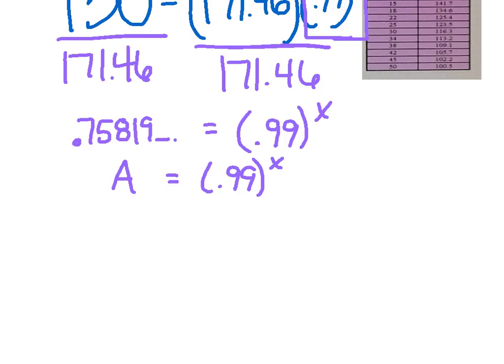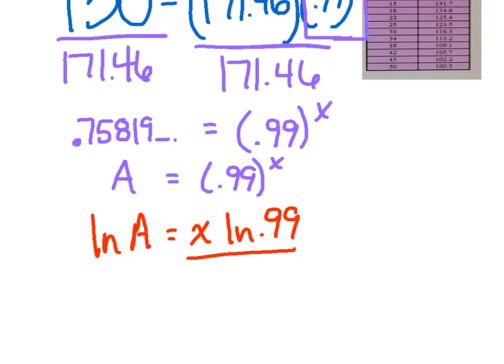And now, because this is an exponential, because of that exponent, I need to take the log of both sides. And I'm going to use ln. It doesn't matter if you use common log or natural log. And when I put the ln in front of the 0.99, it's going to take that x and bring it down in front. That's that law 3. And now just to get x by itself, I'll just divide both sides by the ln of 0.99.